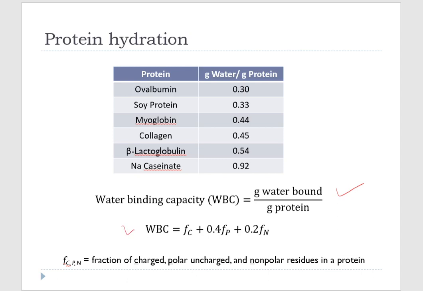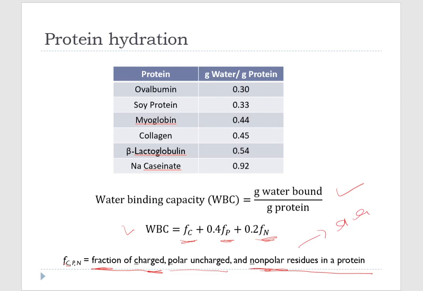Fc is the fraction of charged amino acid residues, and Fp, fraction of polar amino acid residues, and Fn, fraction of non-polar residues in protein. So remember, when we say residue, we mean amino acid residue. Actually, they are amino acids, but when they are in a polypeptide chain or in a protein, we call them amino acid residues because they are part of a protein.